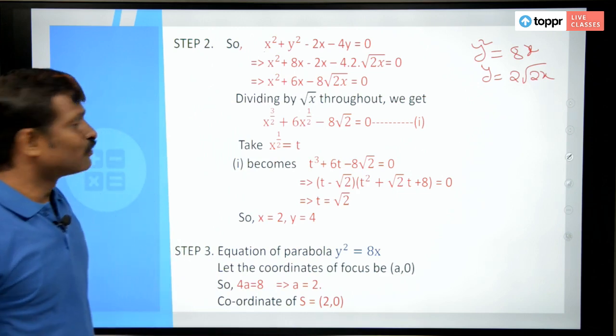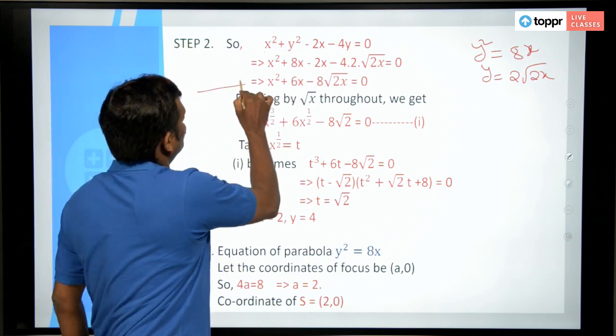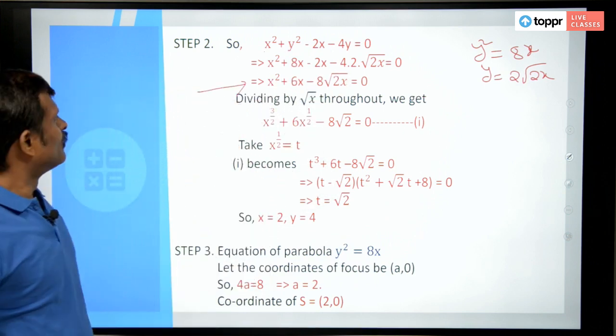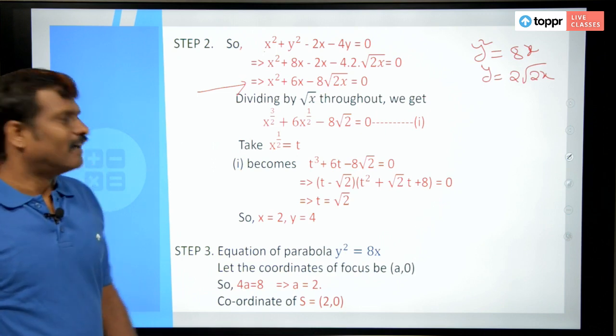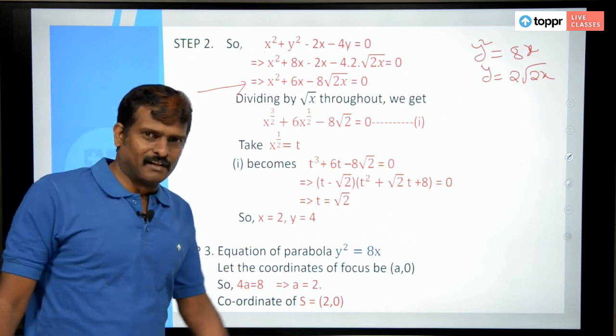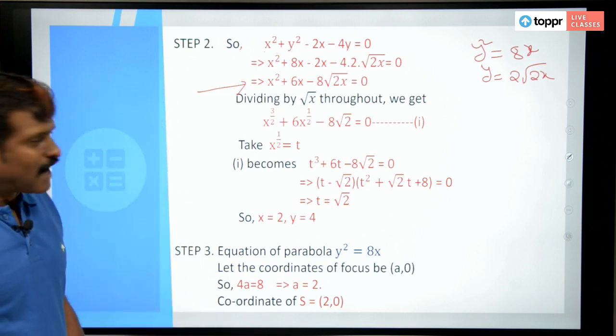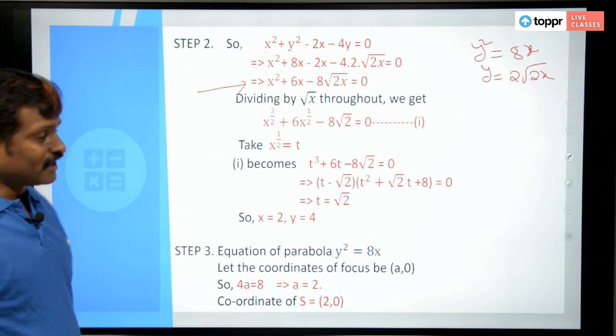Now we substitute the y value and y square value in this, and you end up getting the equation x square plus 6x minus 8 root 2 root x. Though it looks like a quadratic equation, it is not a polynomial here, because the power of x in the third term is not an integer.